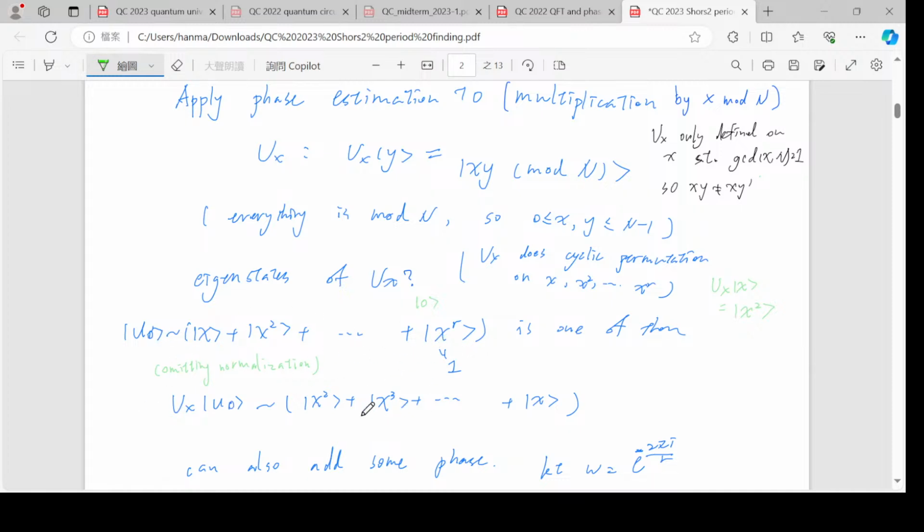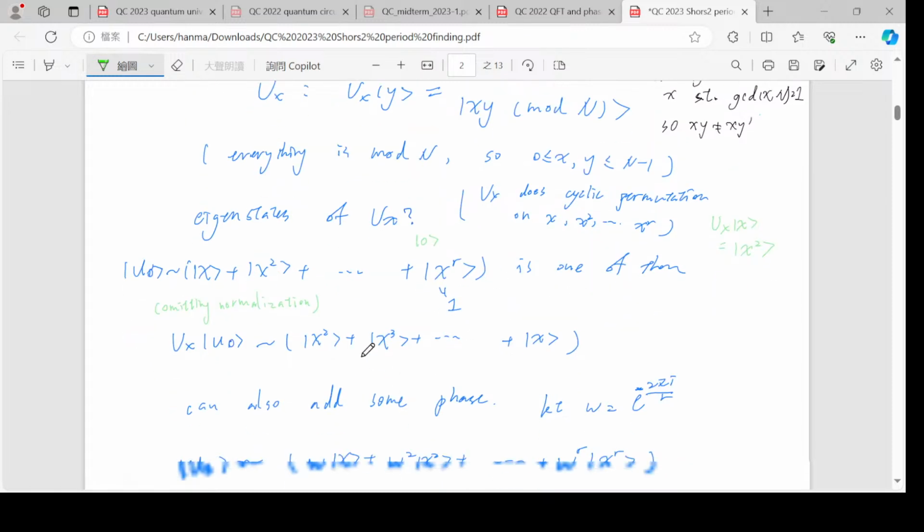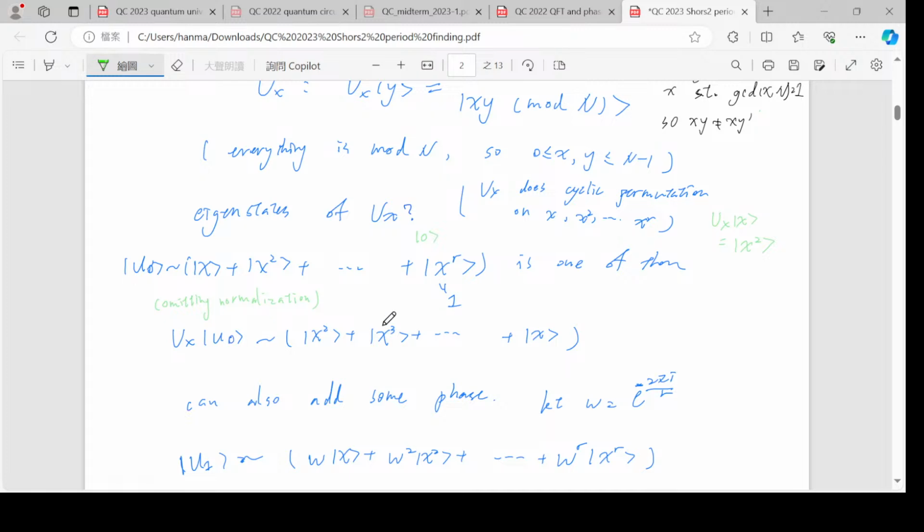Anyway, let's check that this is actually an eigenstate of Ux. As I said, you apply Ux on this thing, then x becomes x squared, becomes x cubed, etc. And x to the r equals 1, because that's the definition of r. So that 1 times x becomes x.